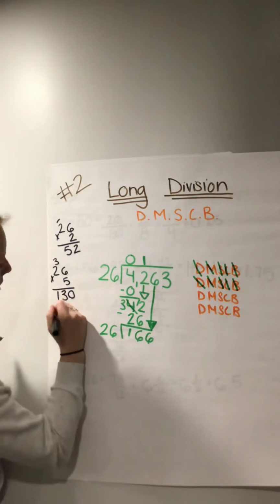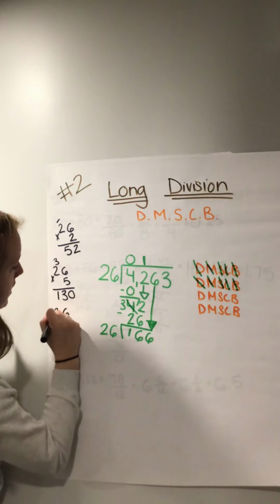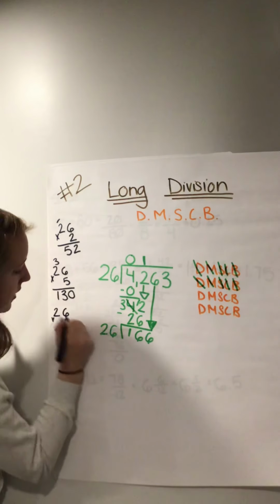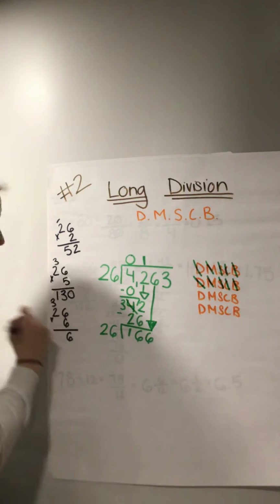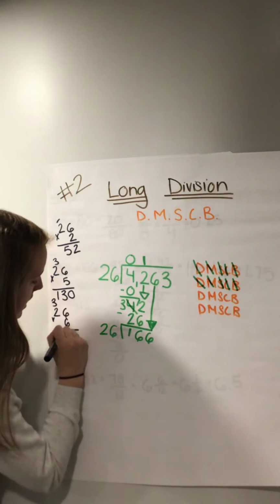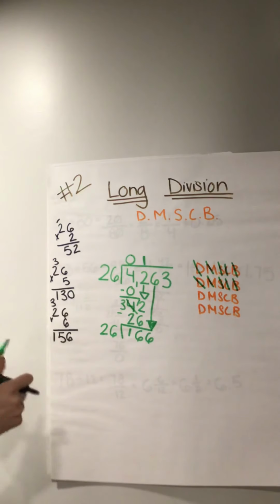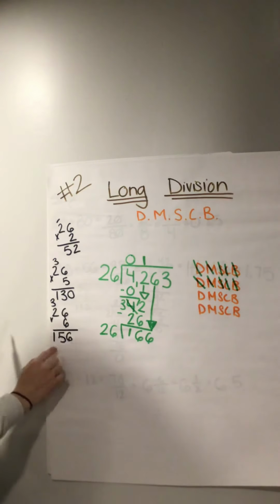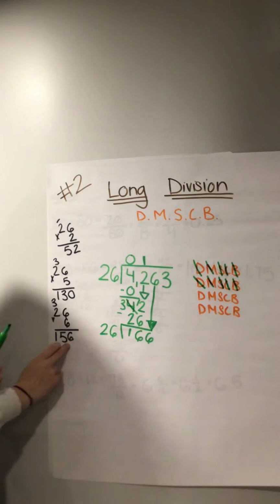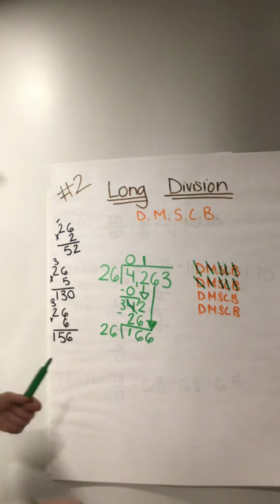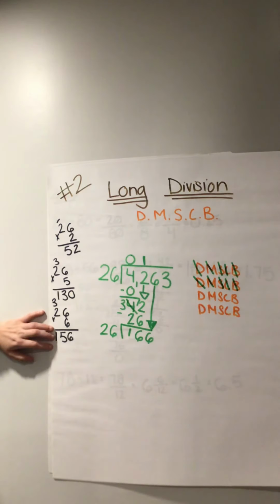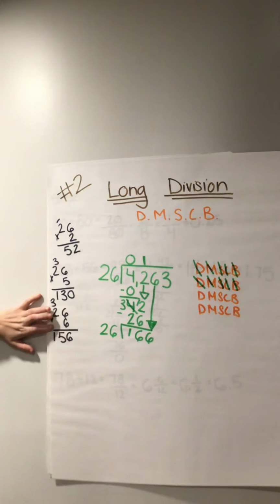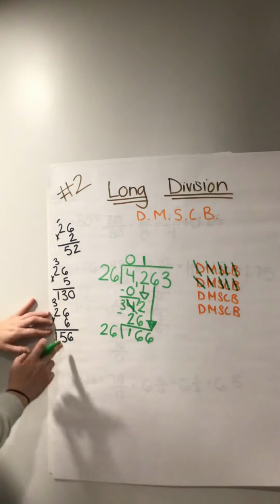I'm going to try one more, see if I can get closer. 26 times 6. 6 times 6 is 36. 6 times 2 is 12, plus 3 is 15. 156. So 26 times 6 is as close as I'm going to get to 166 without going over. Because if I did another 26, I would be over. I'd be 176, and that would be too much. So I know for sure that 26 times 6 is the answer.